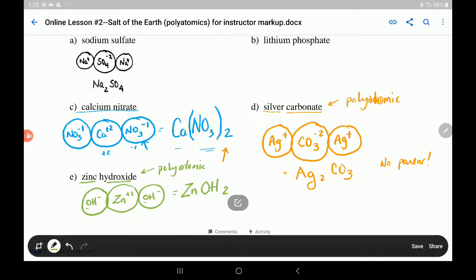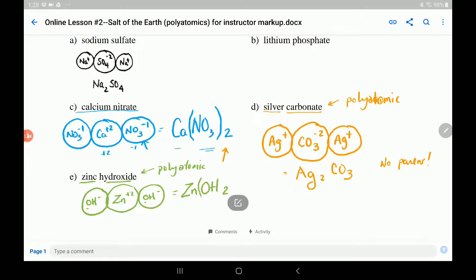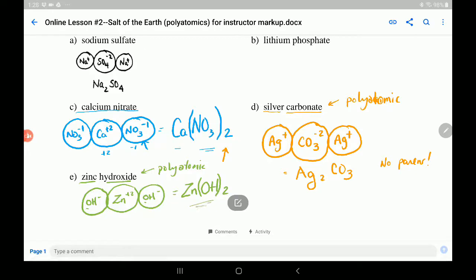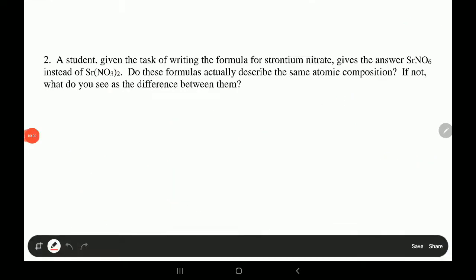Therefore, I need to not write just OH2. Correct way is to say OH is a group. Parentheses 2. Now the 2 applies to everything inside the parentheses, just like in math. And now it is correct, 2 hydrogens and 2 oxygens. That's the formula for zinc hydroxide.